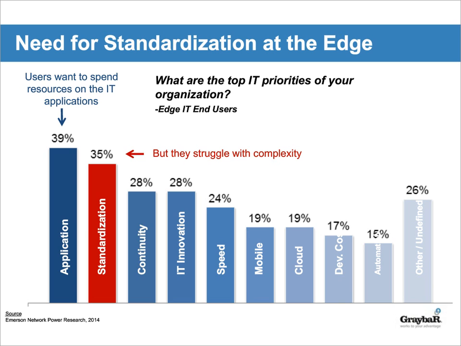Not a surprise here. The main thing are the applications, right? First of all, that IT equipment is at the edge to run an application. Obviously, that application is the most important thing. A surprise to us was the second most important thing there, standardization, right?